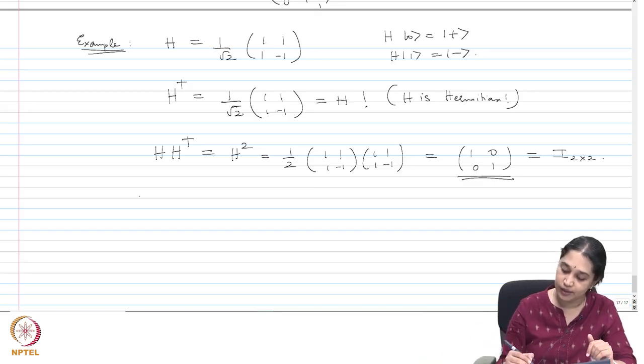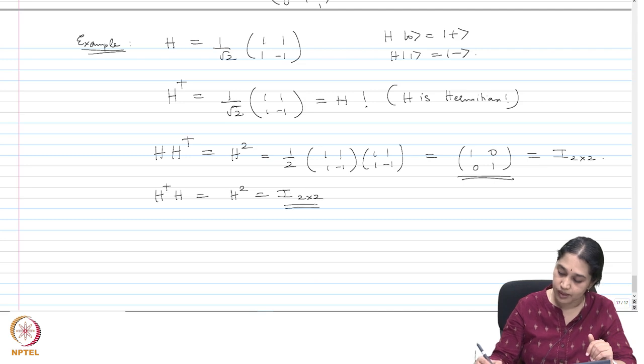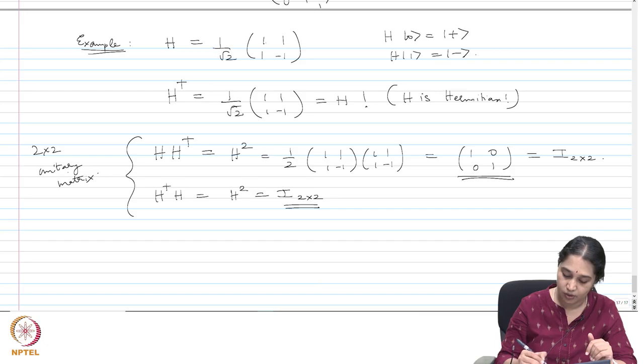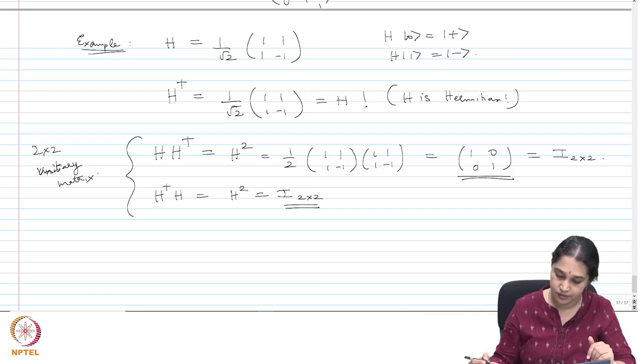Of course one must also check that H dagger H satisfies this, but that's kind of obvious because this is also H squared, and so this is also identity. So this is an example of a 2 cross 2 unitary matrix, or a unitary operator acting on two level systems.